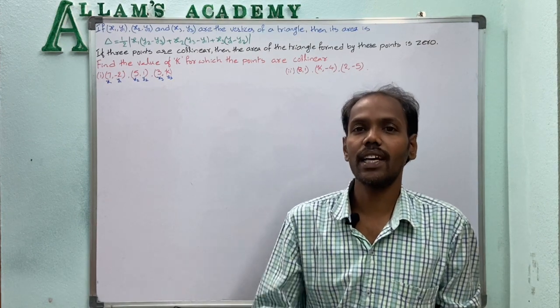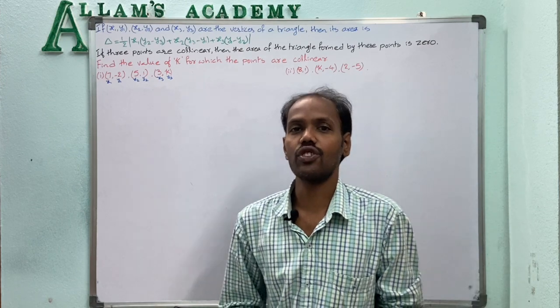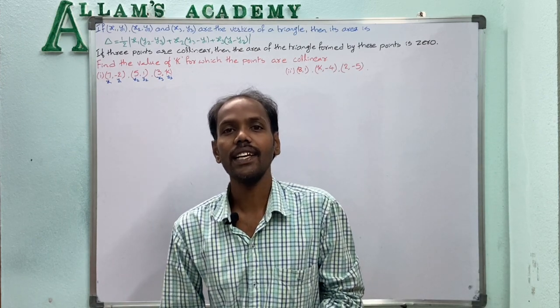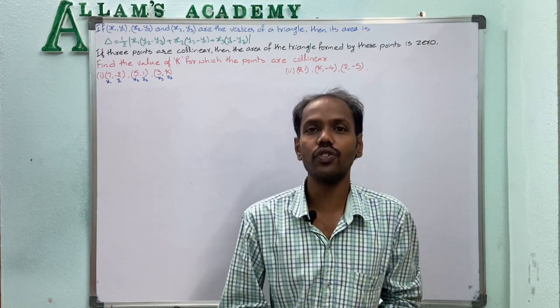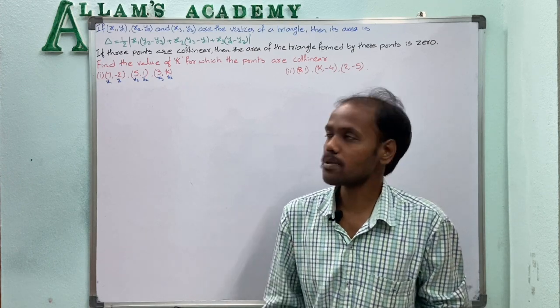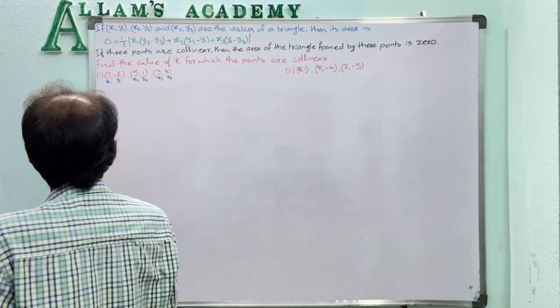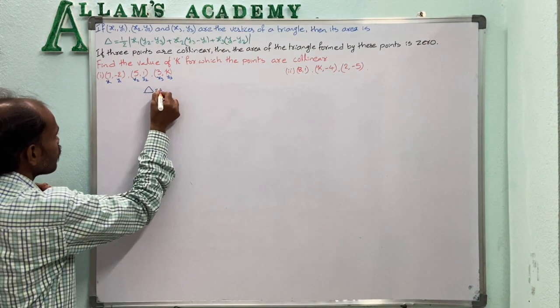So here we have to find the area of the triangle. The principle for the area of the triangle, if the coordinates x1 y1, x2 y2 and x3 y3 are given, is half mod x1 into y2 minus y3 plus x2 into y3 minus y1 plus x3 into y1 minus y2. In that principle we now substitute these points. Now the area of the triangle is equal to 0.